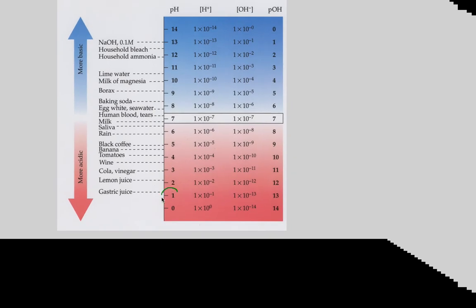So guys, now we've got pH 1, which was 10 to the negative first molar of hydrogen. But guys, look at how small the concentration of hydroxide is. 1 times 10 to the negative 13th. But what do those two numbers multiply to give you? 1 times 10 to the negative 14th, which is Kw.